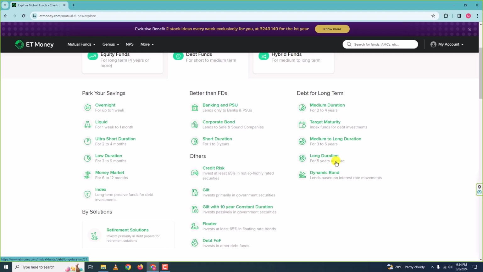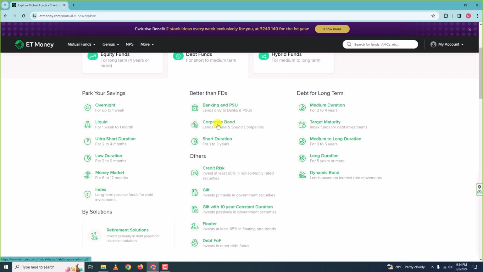All right. Next, we have banking and PSU. Now, this fund lends money only to banks and public sector companies. They research which are the good banks and good public sector companies, and they lend money to only those. Next is corporate bonds.